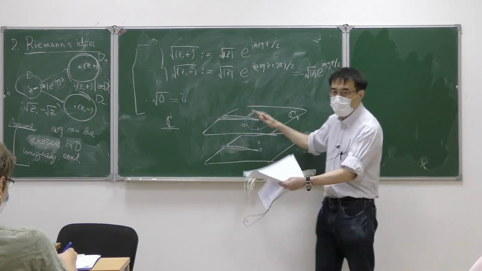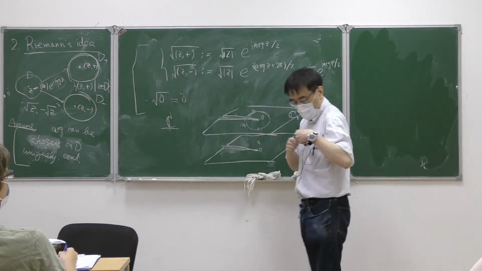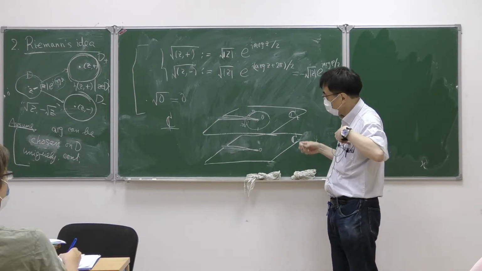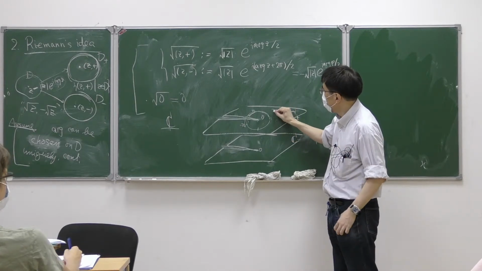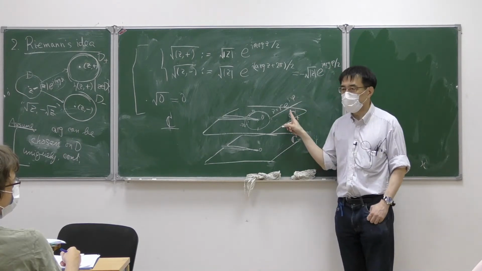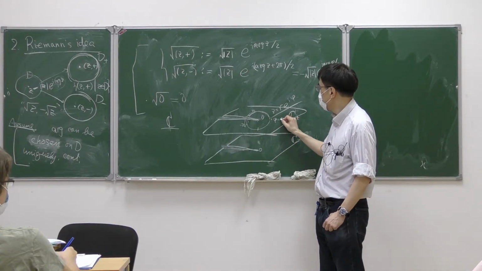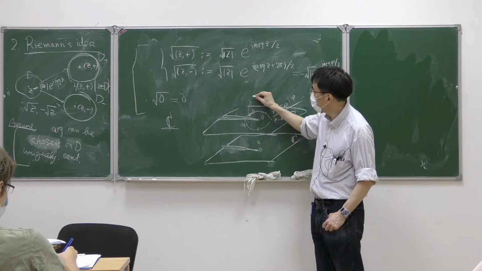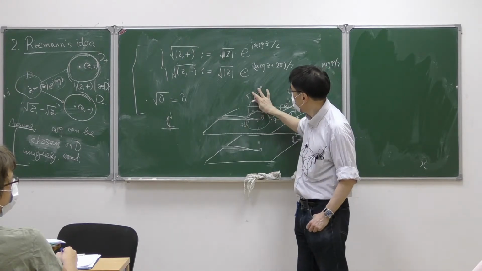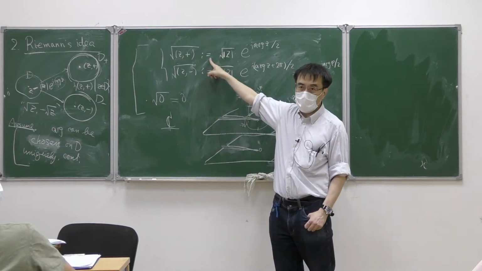So we paste two sheets in this way. So let's consider zeta in this form. Then let's start from here. Here phi is equal to 0, and correspondingly on this sheet we use this definition.